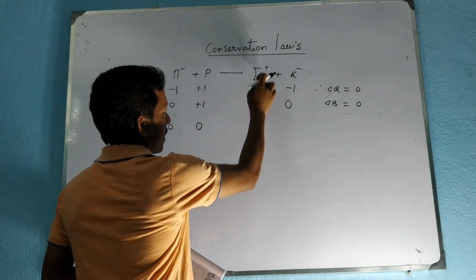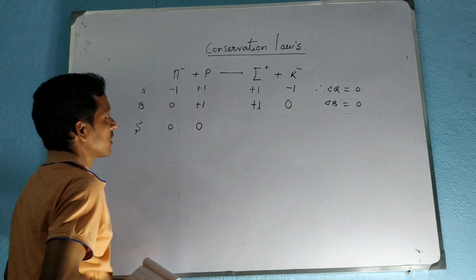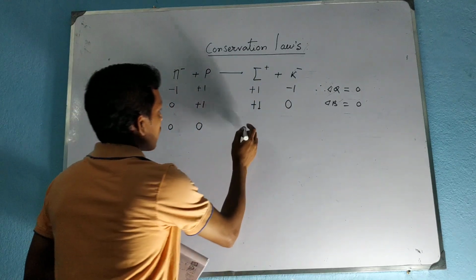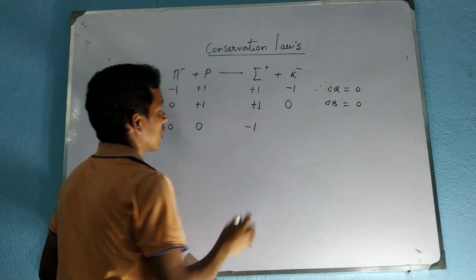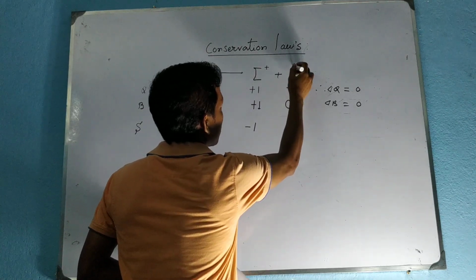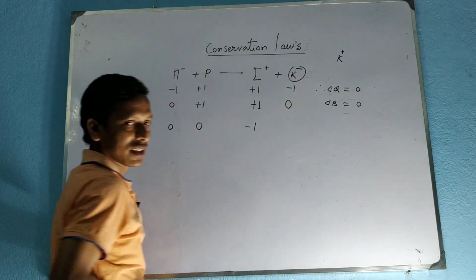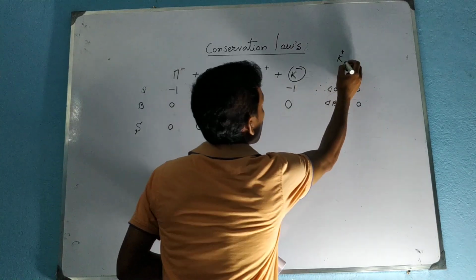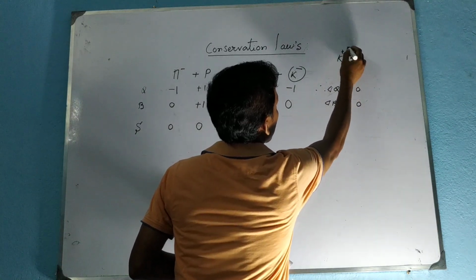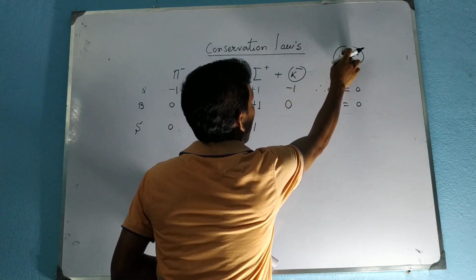This is a strange particle, and we know sigma plus has strangeness minus 1. And K minus is the antiparticle of K plus. K meson has two particles, K plus and K0, and this is the antiparticle of K plus.